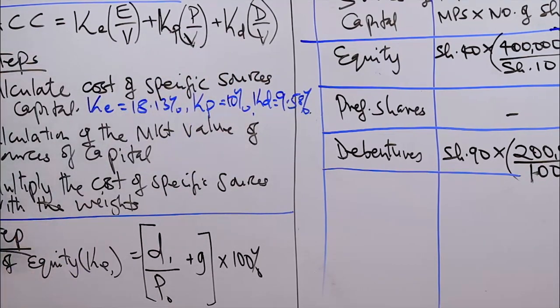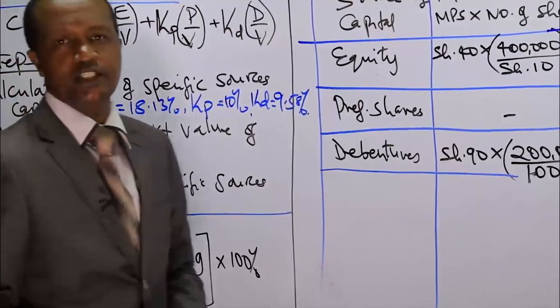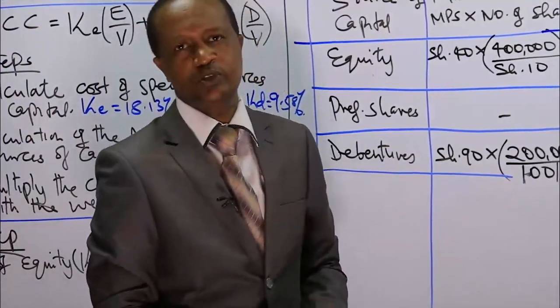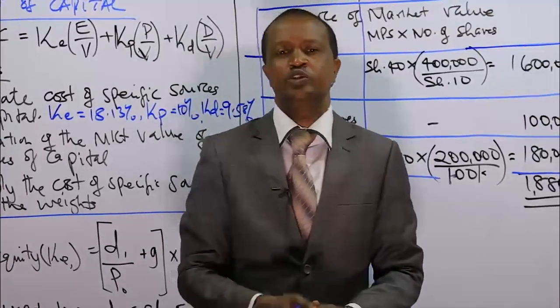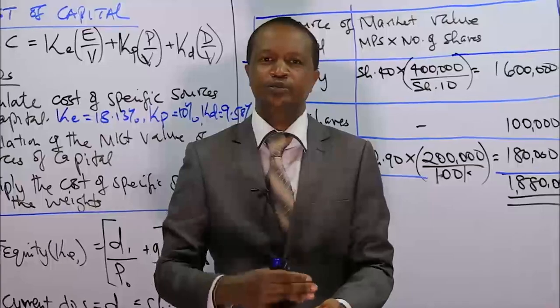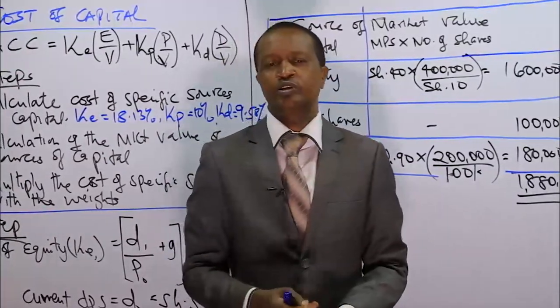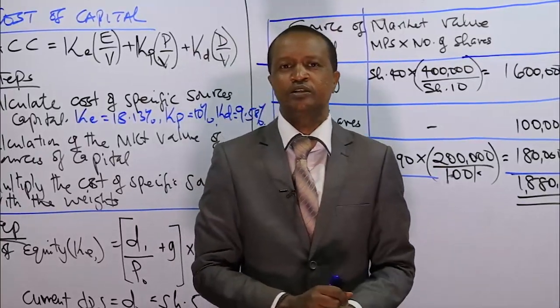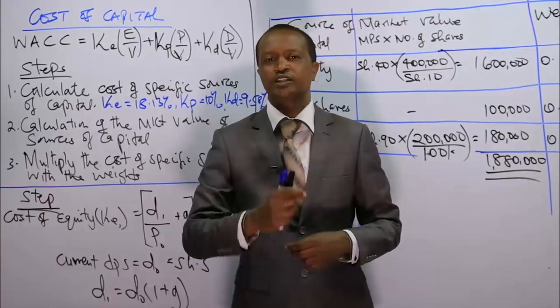So that is now the end of that subtopic on weighted average cost of capital. We have illustrated 2 illustrations, step by step. So as a good student, I urge you to go revise and practice.